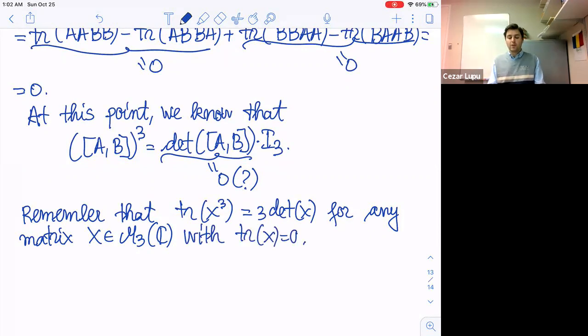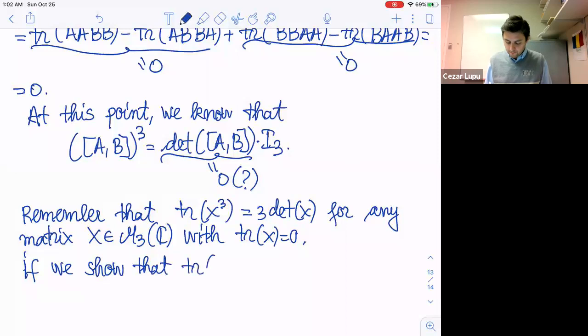So now if we show that the trace of bracket AB cubed is 0, we're done.